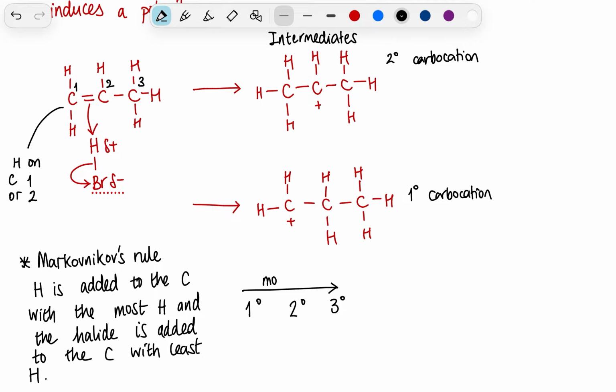So looking at this then, why would a tertiary carbocation be more stable? Normally a tertiary carbocation is more stable, so therefore it will give the major product.